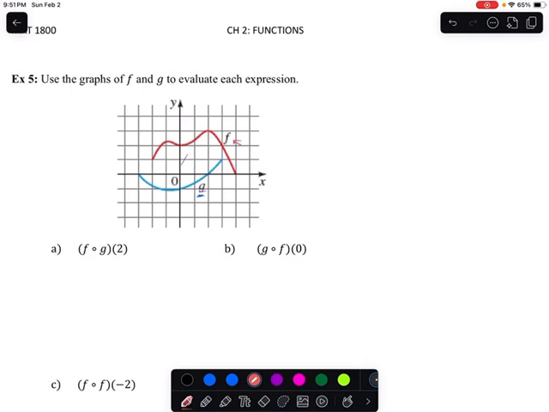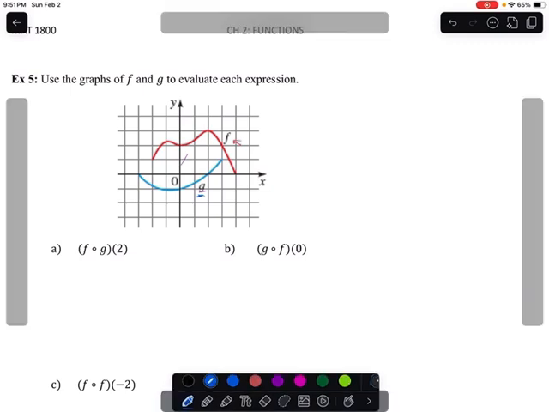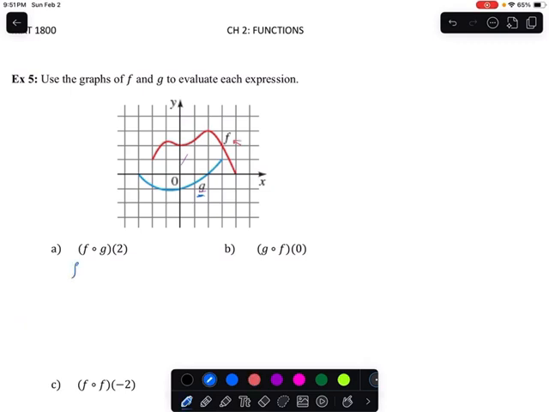So when I want to find f composed with g of 2, which means f of g of 2, from the graph, what is g of 2? This is g of 2, so we are looking here, 0. So we have f of 0. What is f of 0? f of 0 is 2.